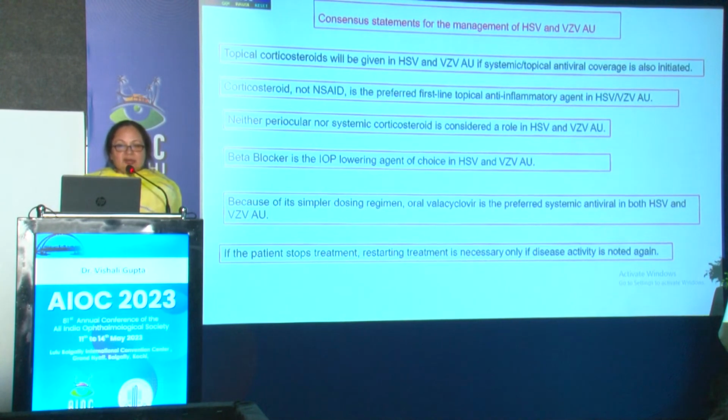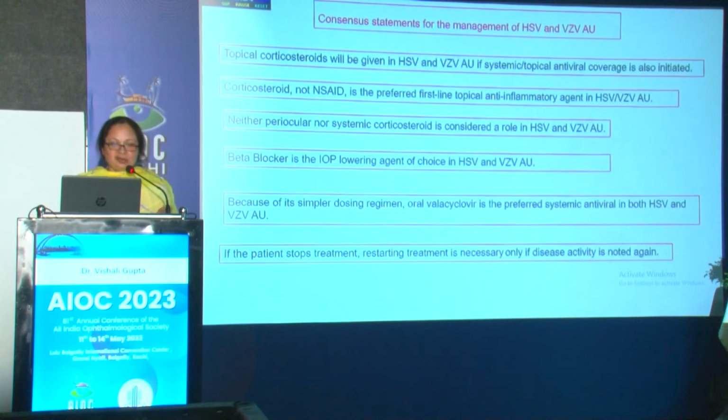Topical corticosteroids would be given in both HSV and VZV anterior uveitis, but only if you have either systemic or topical antiviral coverage. Steroids were the choice, not NSAIDs. So you should not assume that because it is viral-related anterior uveitis you would rather treat it with NSAIDs. Experts did not agree to that. Neither periocular nor systemic corticosteroids were considered to have a role.